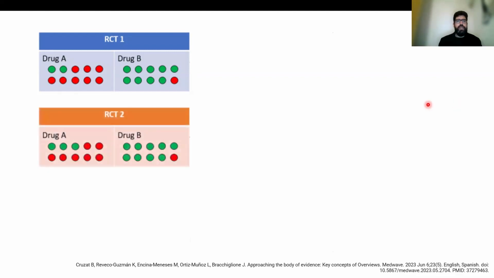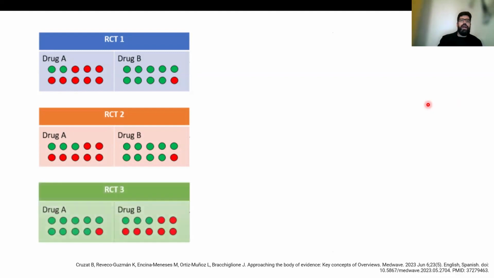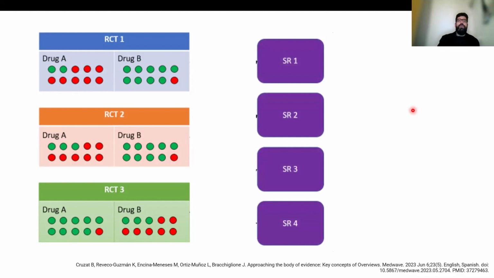RCT2 shows a very similar result. So drug B is still way better than drug A. And RCT3 shows that drug A is better than drug B. This could be a plausible scenario in real life. So we're doing an overview, and we find 4 systematic reviews, and these 4 systematic reviews include these 3 primary studies.